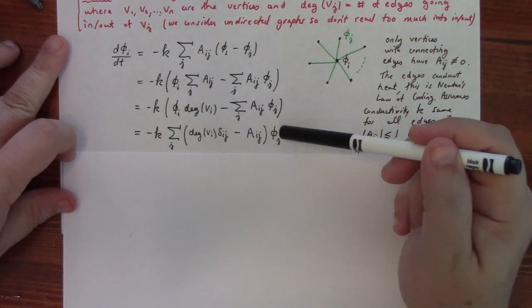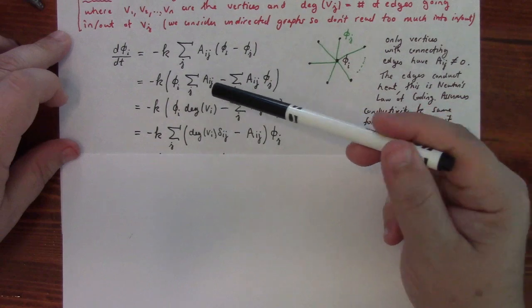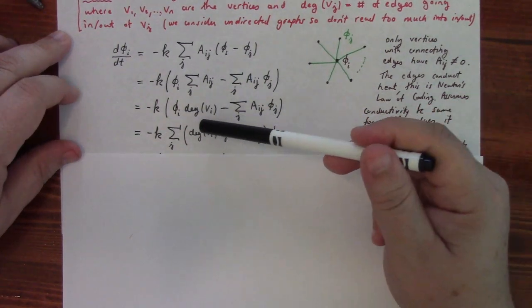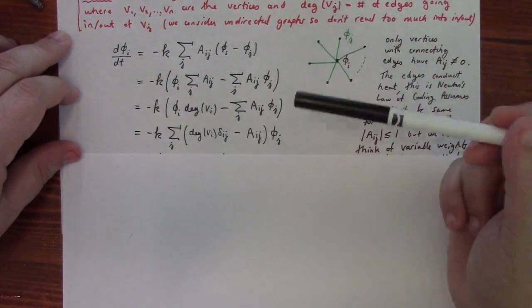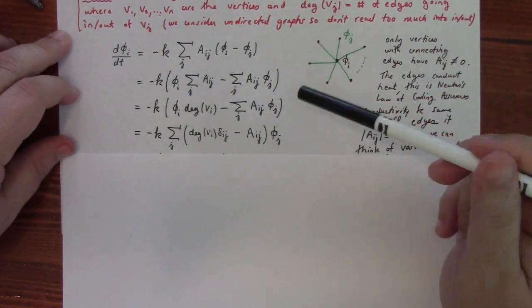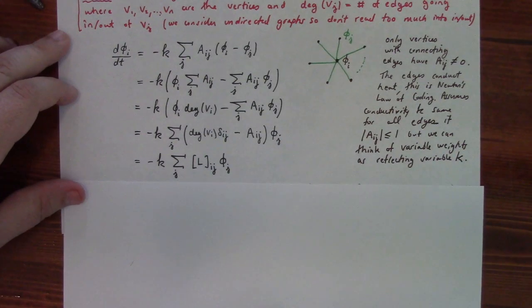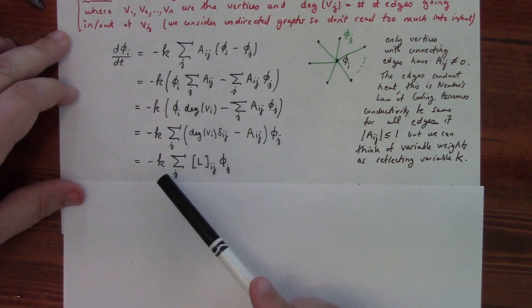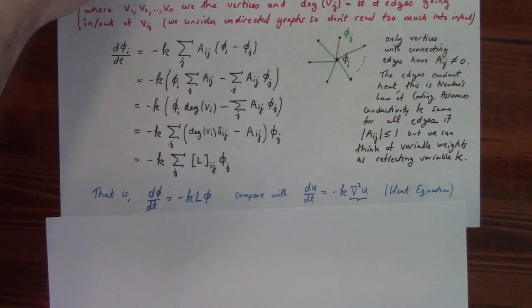It's a dirty trick, a little clearer on my next page of notes, so I'll wait to say more there, but it's a standard kind of trick. When you do that, you've got the graph Laplacian ij entry summed over j, which is really the matrix multiplication of that column vector with that matrix. And so there you go.